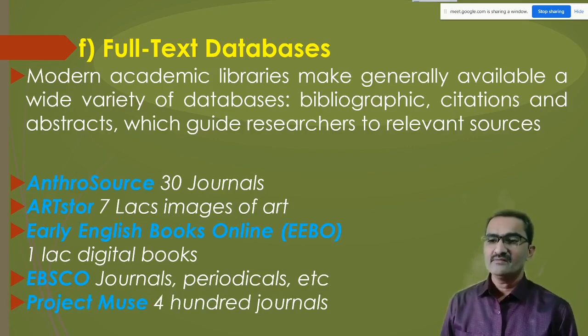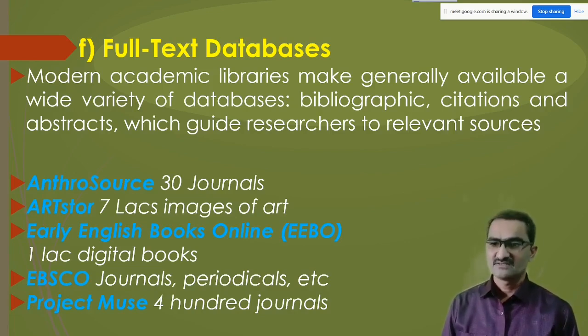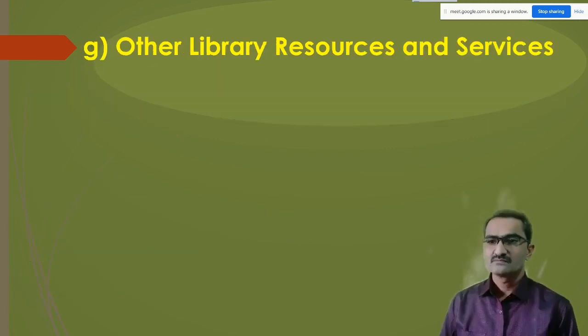And finally, Project Muse. Project Muse is very popular because there are more than 400 journals available for researchers, and they cover various areas. It's not only for one subject or area, but covers almost all areas.